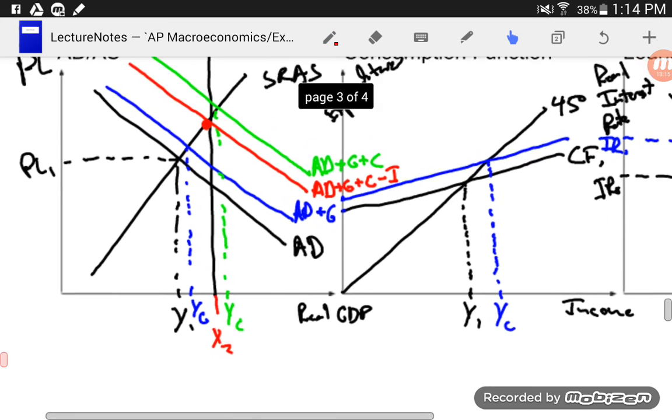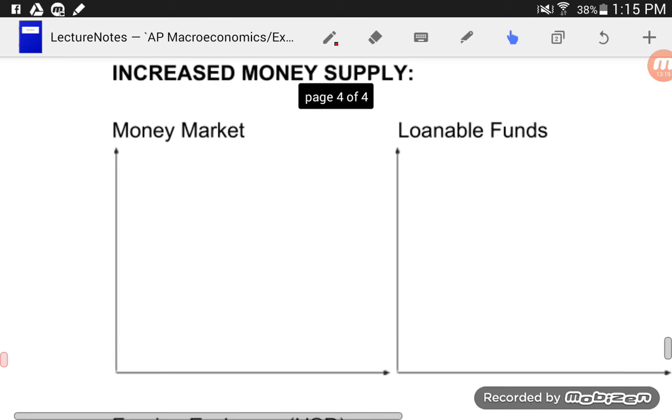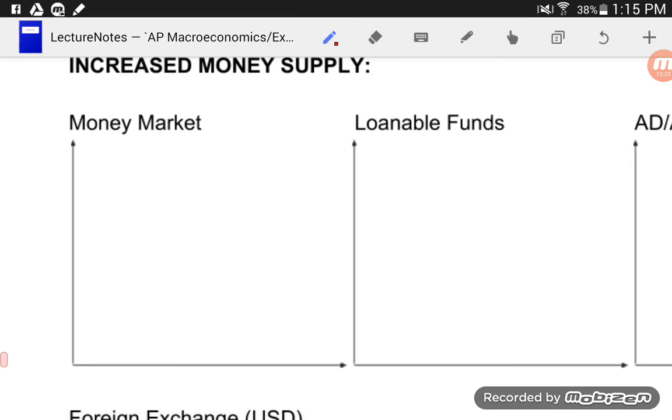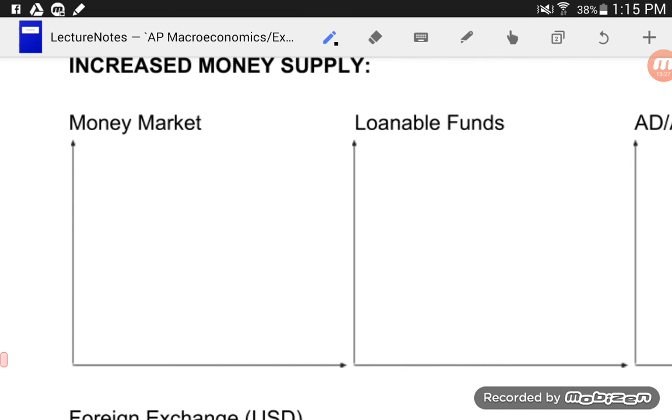However, that's not the only thing the government was doing to try to get us back on track. One of the other things they were doing was increasing the money supply. So let's draw the money market. By the way, to increase the money supply, I think I talked about it before, so this is quantity of money, and this is the price of money.